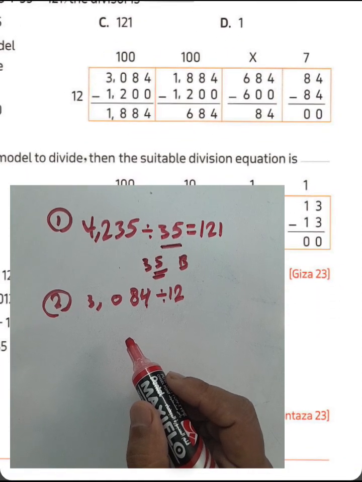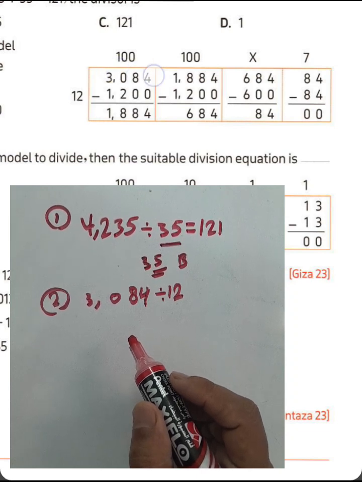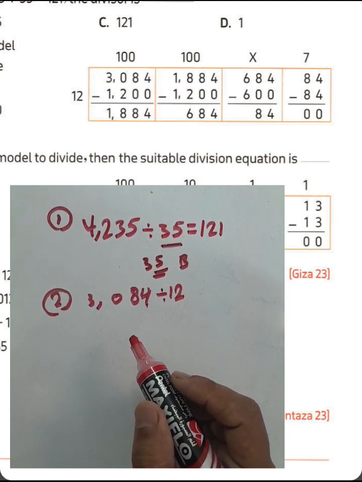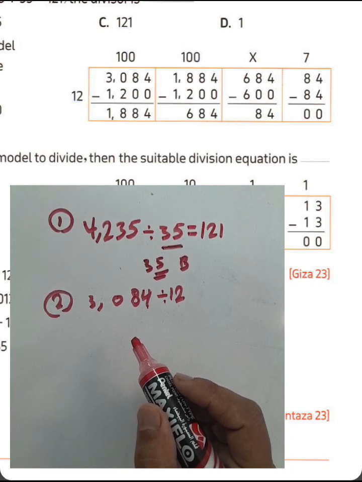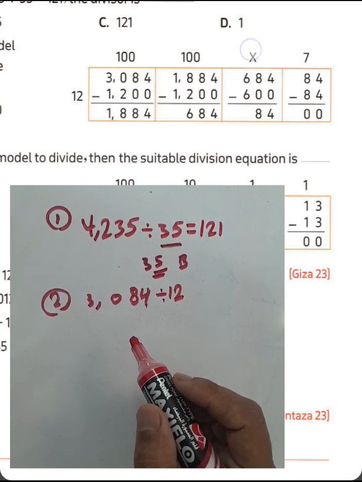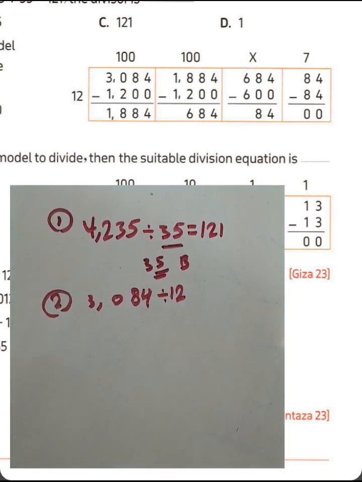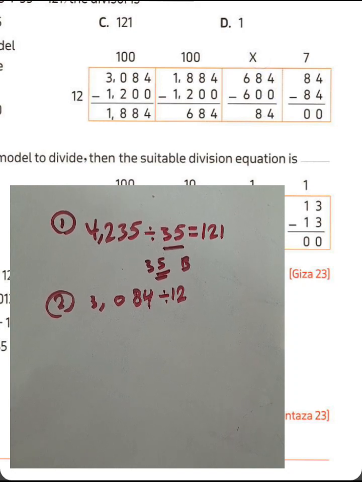We have the dividend 3084, the divisor 12, and the quotient will be 100 plus 100 plus 7 plus x. We want to find the value of x. We have 600 equal to x by 12, so x by 12 equals 600. To find the value of x, you must divide 600 by 12.